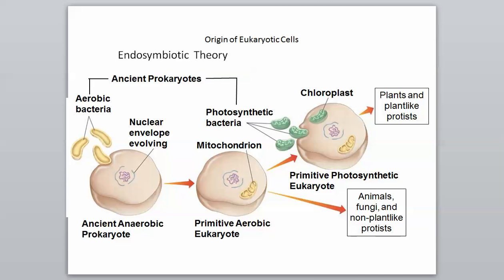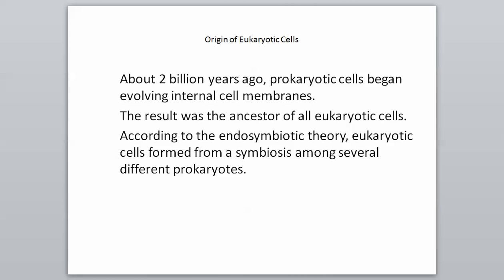And so here's kind of a picture breaking down what it means. We're going to take a look at each one of these more in depth though, and we're going to take a look at this picture in class. So our first step is that about 2 billion years ago, prokaryotic cells began evolving internal cell membranes. And then because of this, they became the ancestor of all eukaryotic cells, because all eukaryotic cells now have a cell membrane as well.